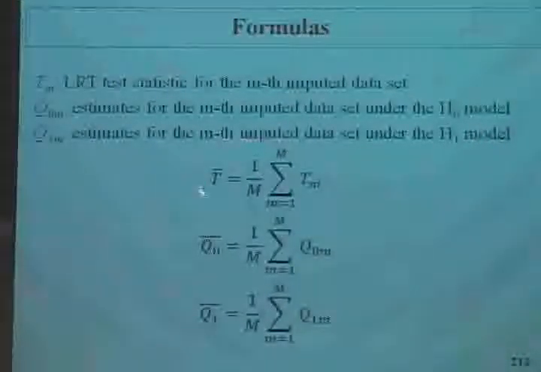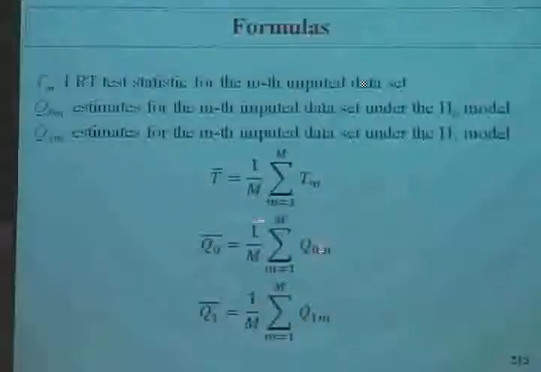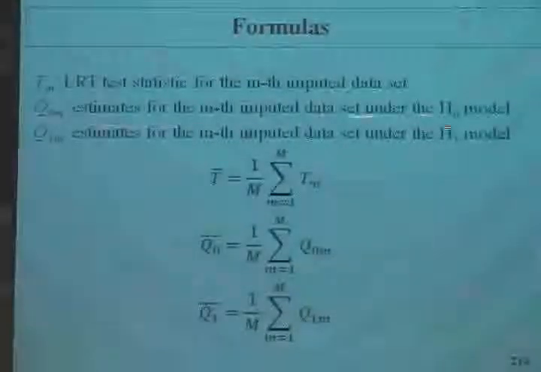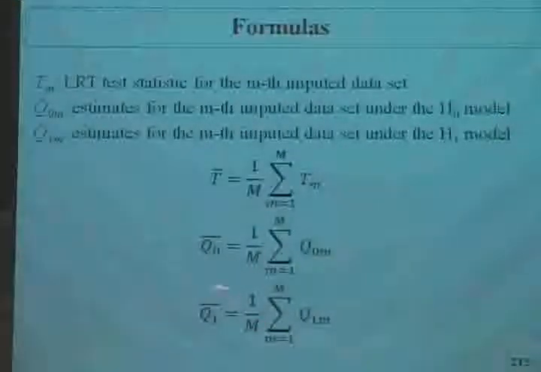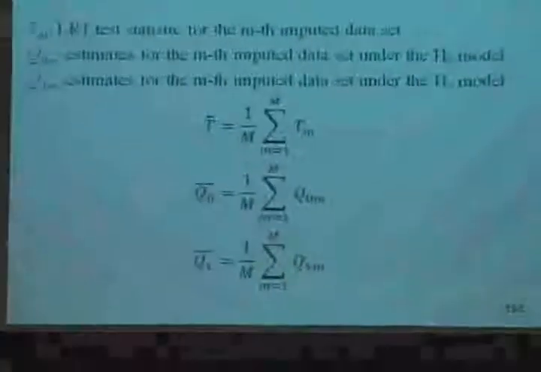This is the naive version, which is the sum: you just average these chi-square values across the imputed data sets, giving T bar. And then these are the average parameter estimates for the H0 model, and these are the average parameter estimates for the H1 model.